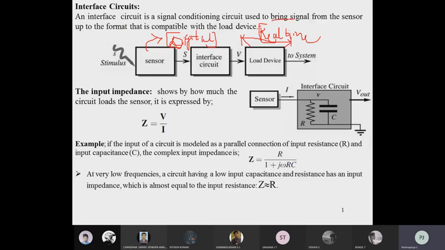In order to bring the signal from the sensor up to the format, so the format is nothing but what? In order to either convert that into some real-time information, or by correlating the digital signal with the real-time information, that will be done by these interface circuits, right? Here we will be providing any stimulus from the physical environment.